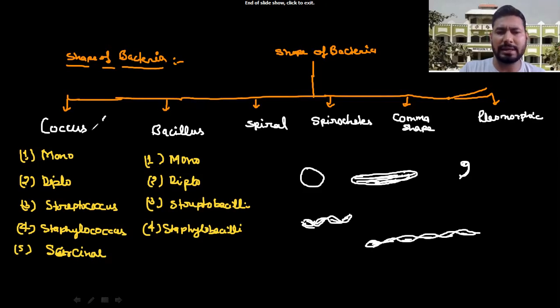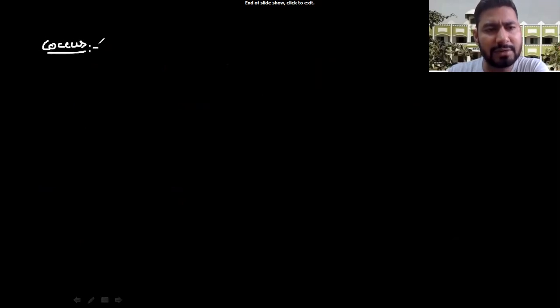Coccus is again classified into mono, diplo, strepto, staphylococcus. We are going to talk about what I have given, classified as mono, diplo. This will be discussed. Now, in the case of coccus bacteria, they are classified in different ways.